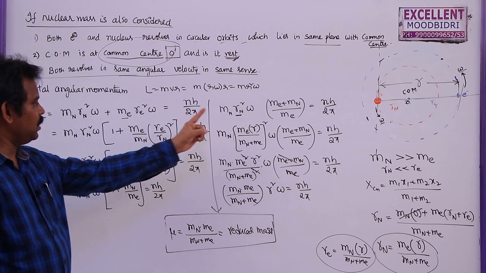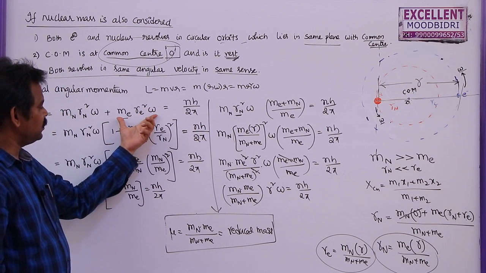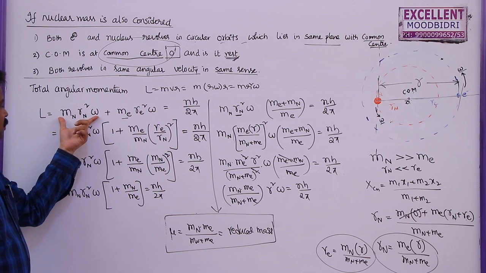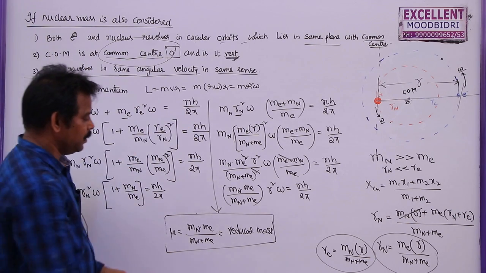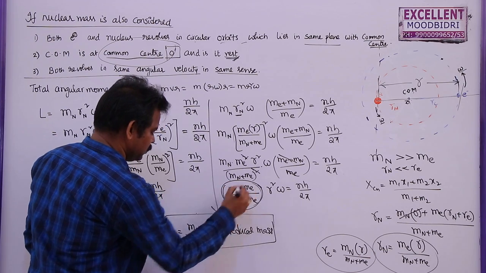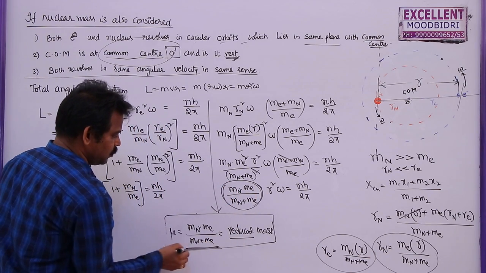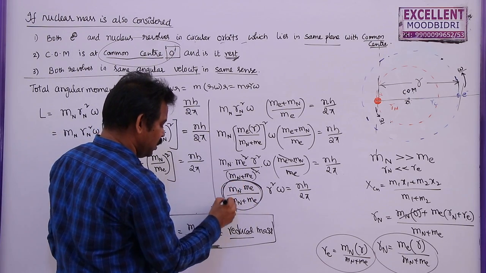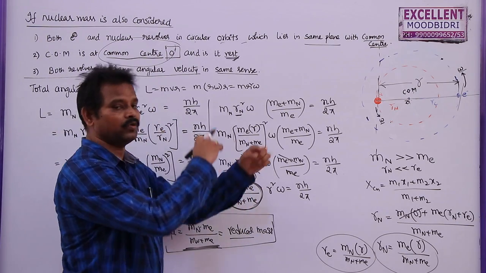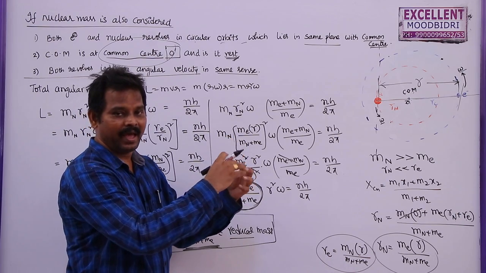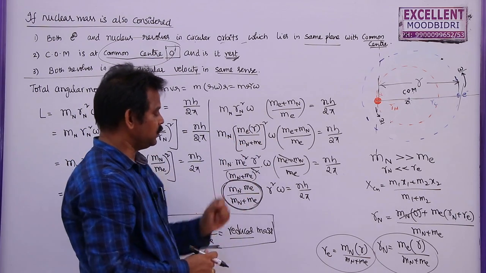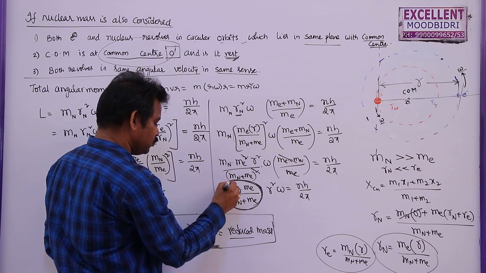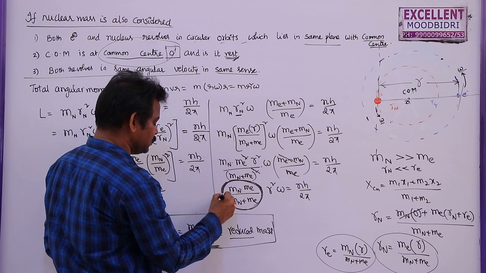For a single electron, the angular momentum is me re square omega. For a single nucleus, mn rn square omega. But for this system, this is called, already we studied this as the reduced mass, which is equal to mn into me by mn plus me. So whenever electron and nucleus are moving together in two circular orbits having different radii with a common center, then while finding the angular momentum, we should not consider the mass of electron or mass of nucleus.